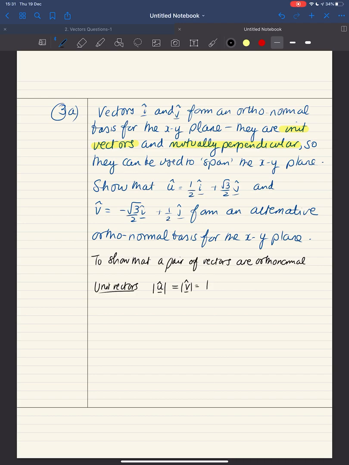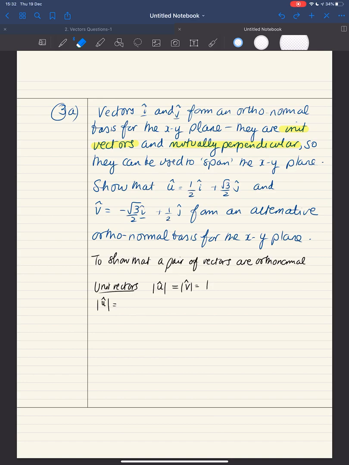So the modulus of u hat is, actually they don't use this underlined vector that I use. That's what they use at A level. They use an overline one. So they don't need the underline as well as the hat one, which is fine.